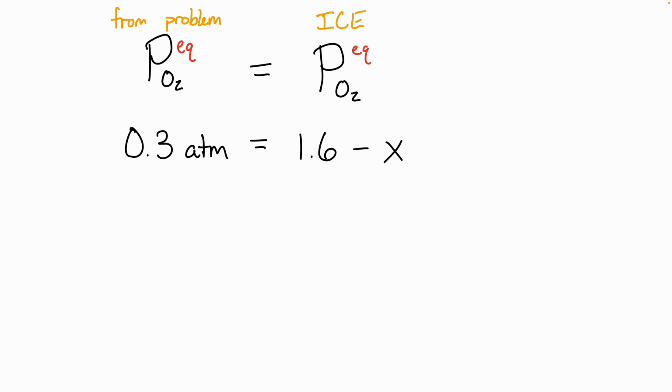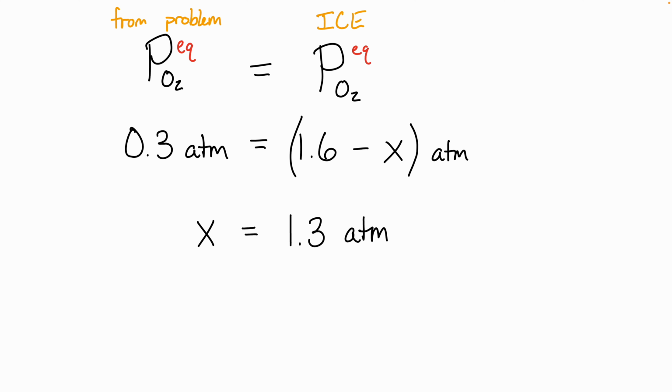All right, so everybody take a second, get me the value of x here. Our units here were atm. All right, so we rearrange and solve for x. We'll get 1.3 atm. All right, cool.